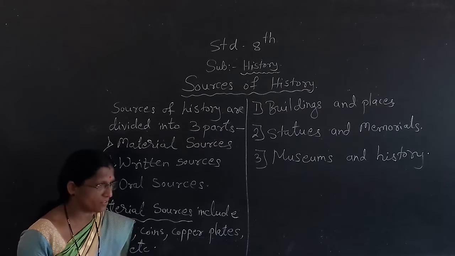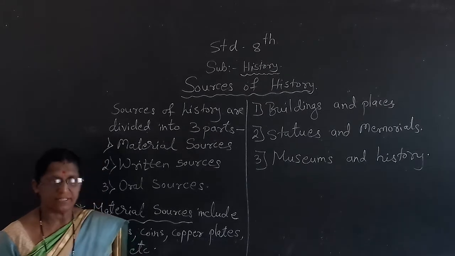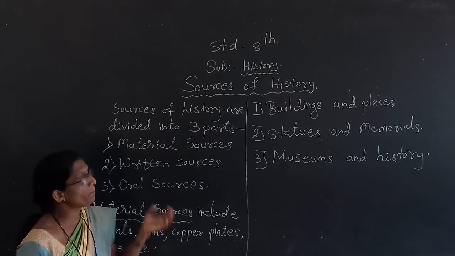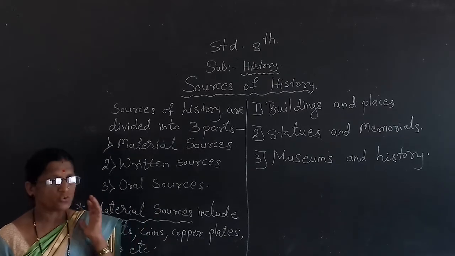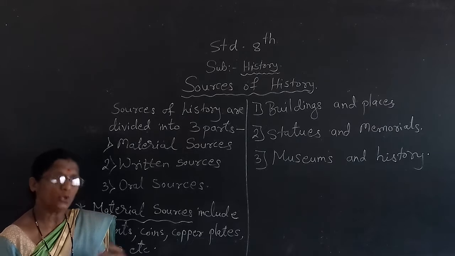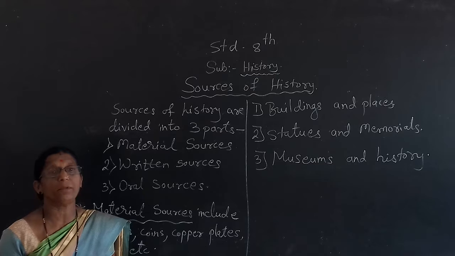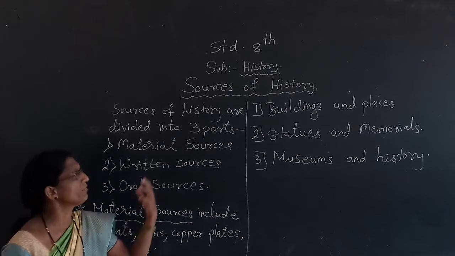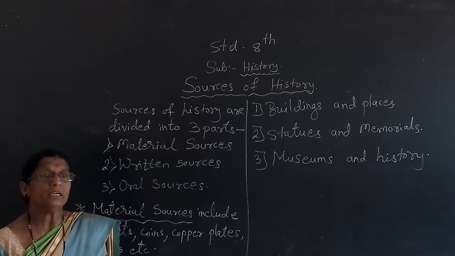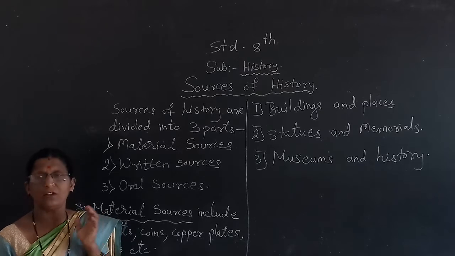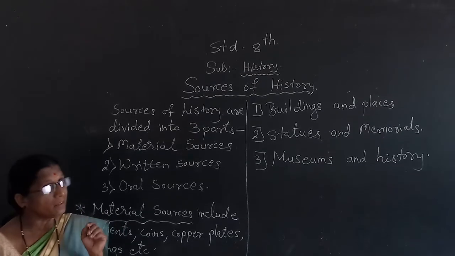But now there are no kings. Now we have government, that is prime ministers and all that. So the palaces of those days, which were very beautifully constructed, today as there are no kings living there, are being used as museums. They are being converted into museums where different types of ancient things are being preserved.